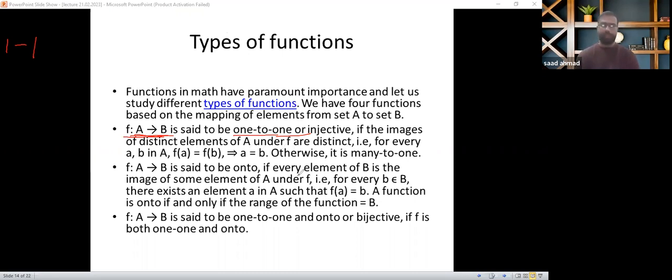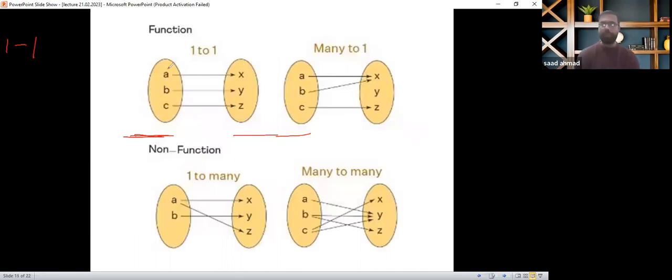The images are the range, the elements of the range. If one element from the domain joins with one element from the range, only one, and distinct elements, then it's 1 to 1, like the first one. You see, one element from the domain joins with one element of the range. So this is 1 to 1. For one element of input, there is one element of output.